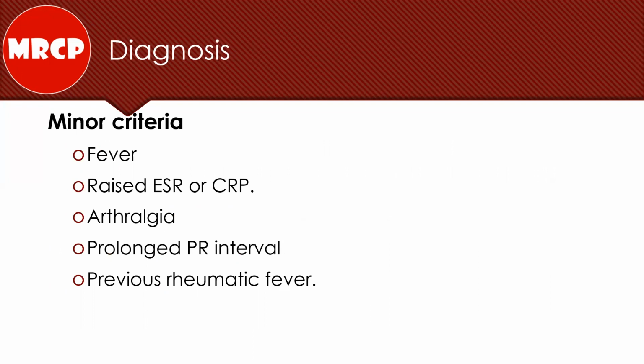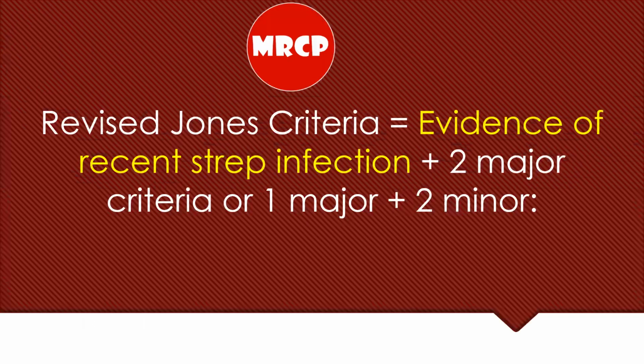This data will be dispersed in the clinical scenario, and you have to collect the data. As I've told you, you have to collect pieces of the puzzle and put them together to have a big picture, okay? And you have to be aware of how to use these major and minor criteria together with the evidence of streptococcal infection for rheumatic fever.